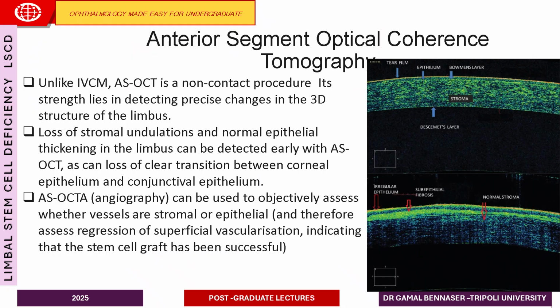Now we come to another important tool used in the assessment, staging and diagnosing of limbal stem cell deficiency, which is a very important non-invasive and non-contact method, the anterior segment OCT. As you know, there is a traditional anterior segment OCT and there is anterior segment OCT angio.